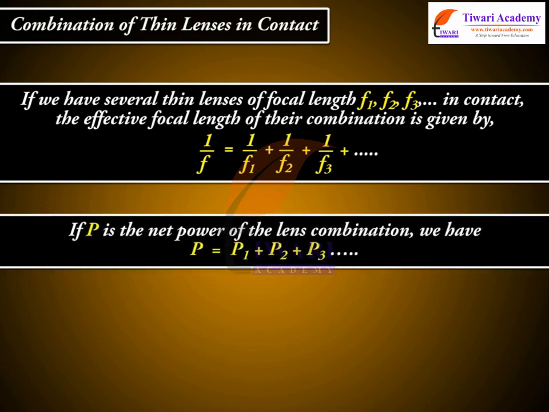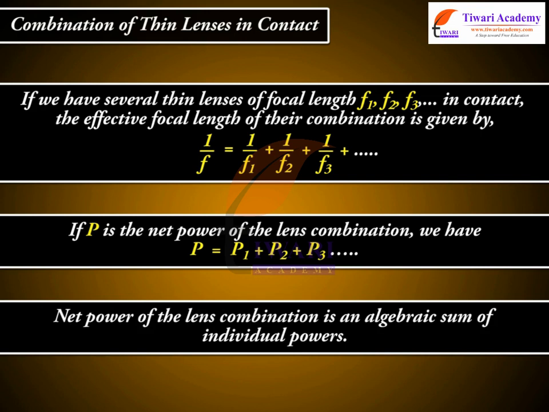If P is the net power of the lens combination, we have P is equal to P1 plus P2 plus P3 and so on. Net power of the lens combination is an algebraic sum of individual powers.